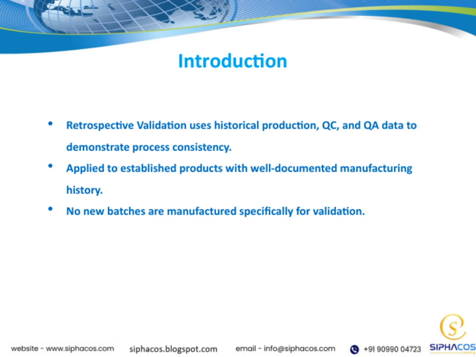Instead, we analyze past data to confirm that our process has been stable and reliable. This approach is efficient and leverages the information we've already collected, helping us ensure ongoing quality without the need for additional manufacturing runs. It's an important part of our overall validation strategy, especially when we're confident in our process history.